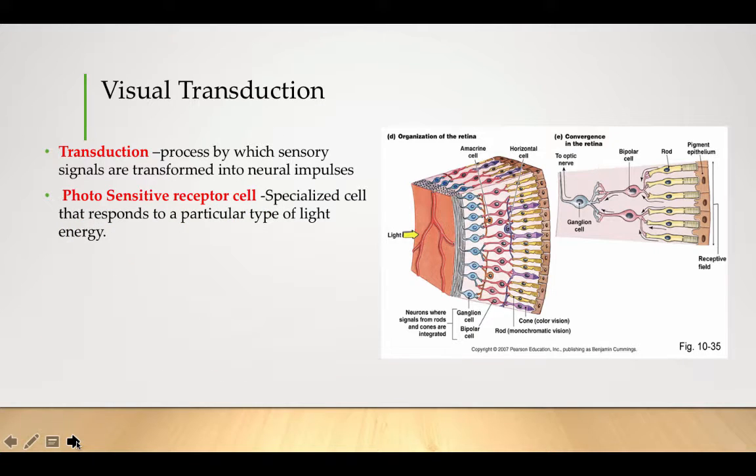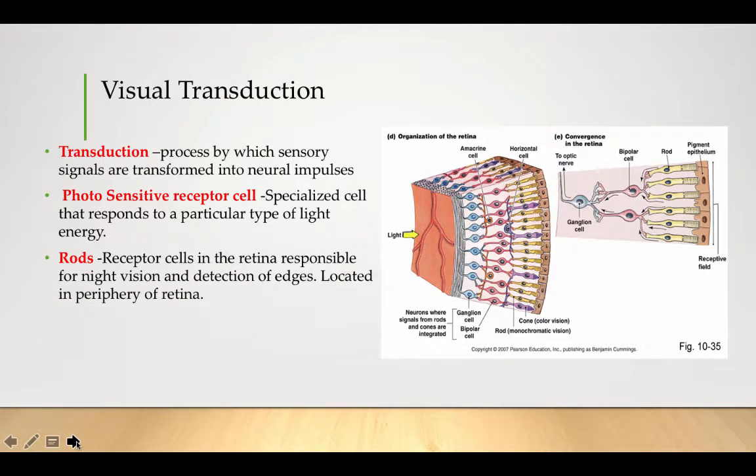Remember, our photosensitive receptor cells are the only cells in our eye that respond to light energy. These are the rods. They're located in the periphery, or at least outside of the fovea, for night vision and detection of edges. There's about 120 million in each eye, and they're located, again, in the back of the retina.